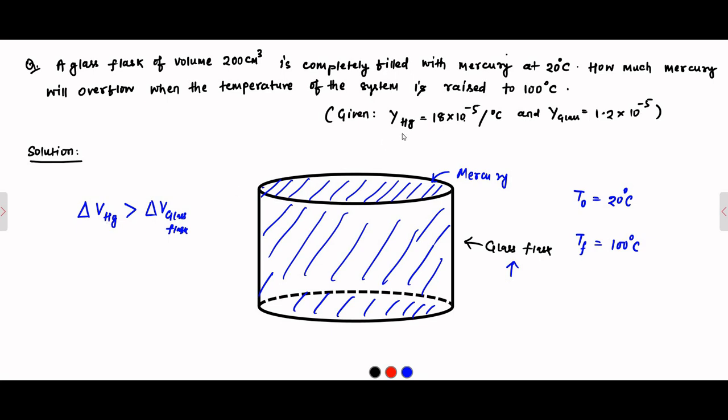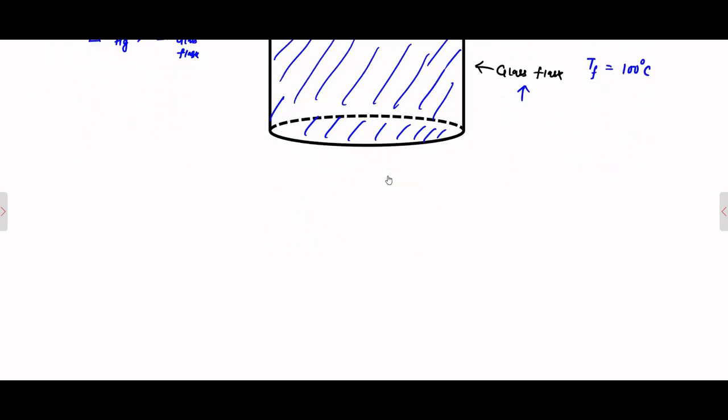So here we'll divide this into two parts, for the glass flask and for the mercury. So first for the glass flask.